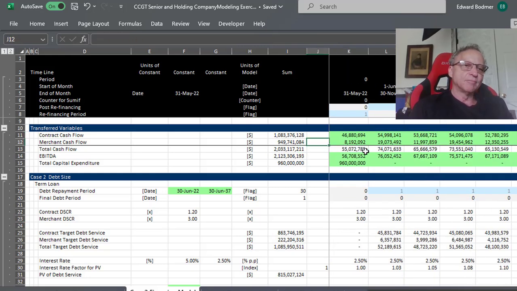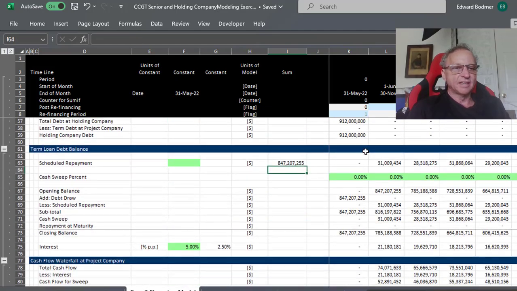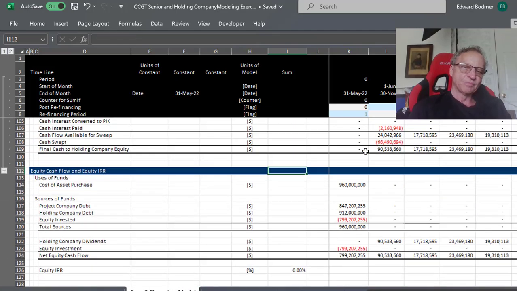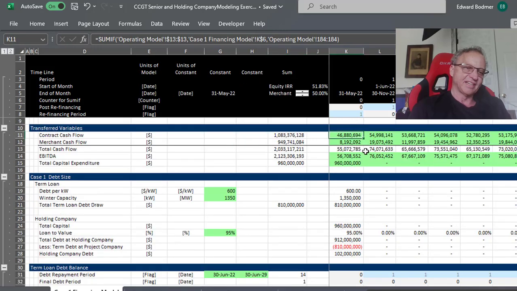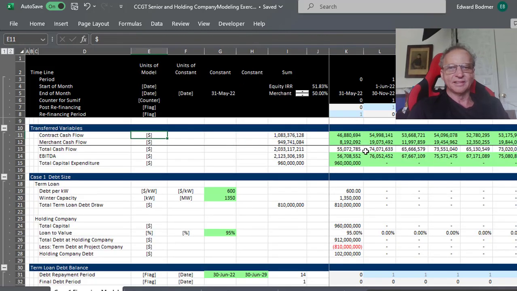And we're going to need the merchant and contract cash flow because we apply a different debt service coverage ratio to them. And we need some EBITDA and some CapEx. The reason we might need the CapEx is at the very end, they wanted you to compute some equity IRR, which was completely kind of ridiculous when you have such really, really high leverage or gearing.